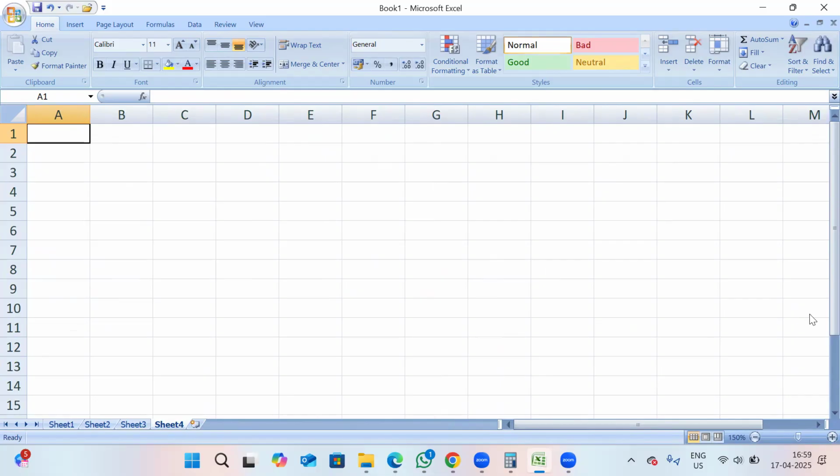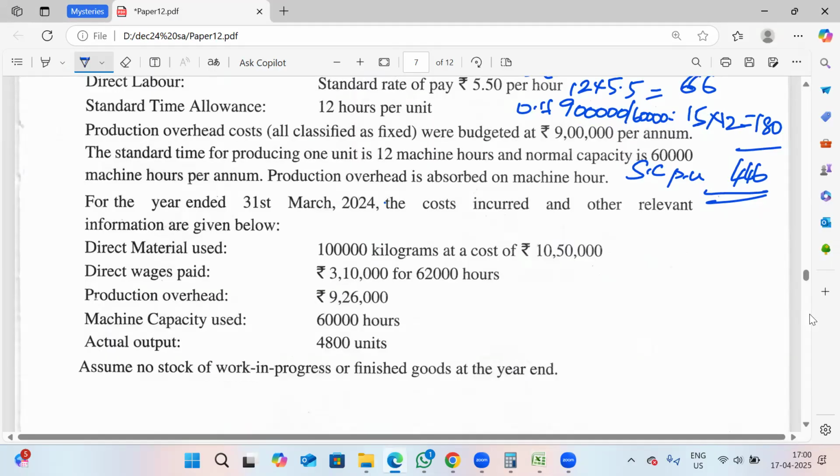What I need is the standard quantity for actual production. What is my actual production here? How many units am I producing? Actual output is 4,800 units.